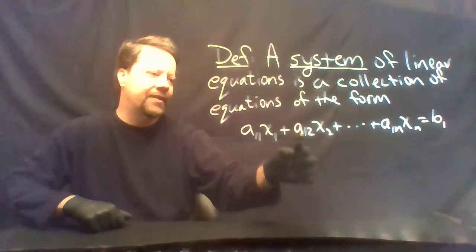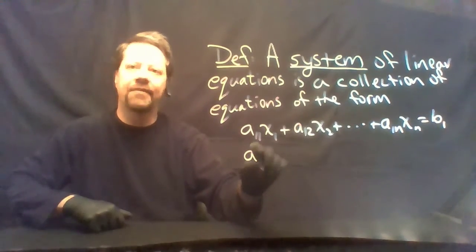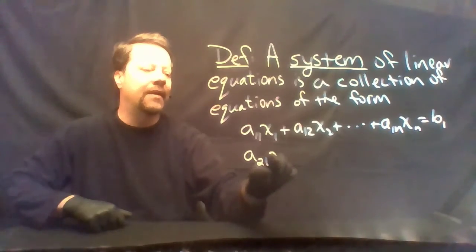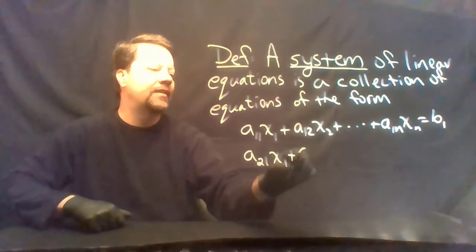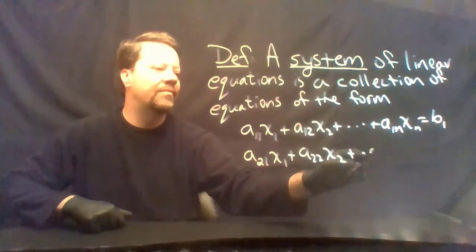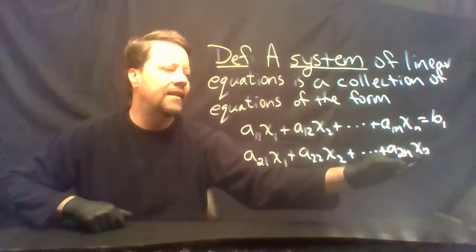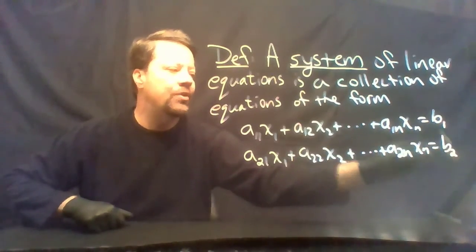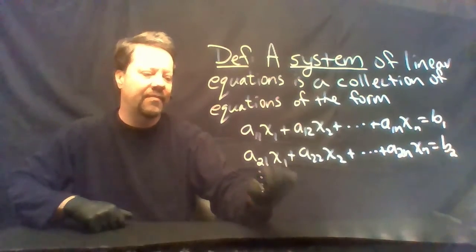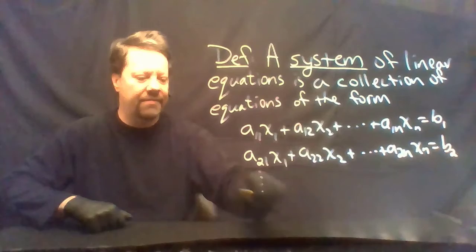These coefficients are the coefficients of the first equation. The coefficients of the second equation will begin with a 2. So a21 x1 plus a22 x2 through a2n xn equals b2. How many equations can we have? In this course, we will assume that the number of equations is finite.